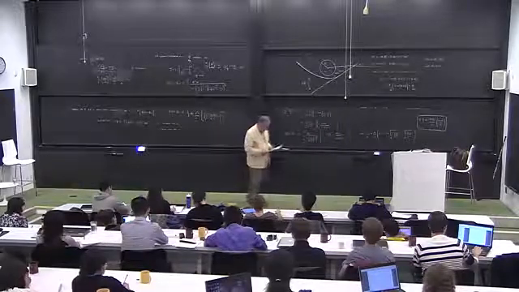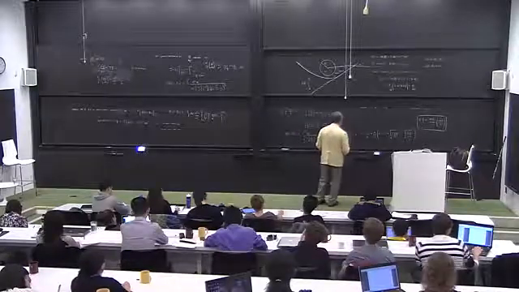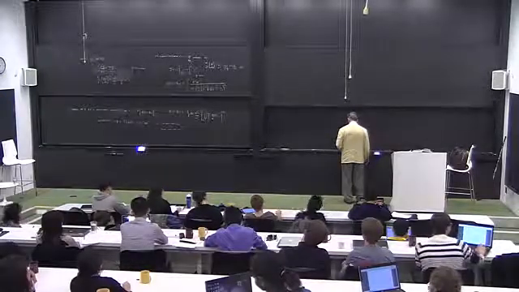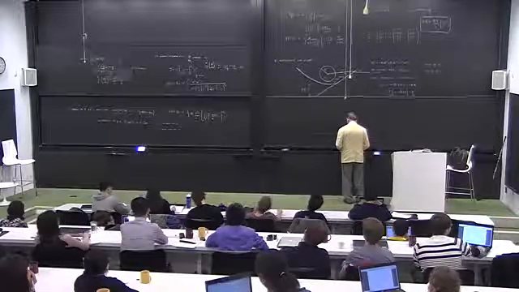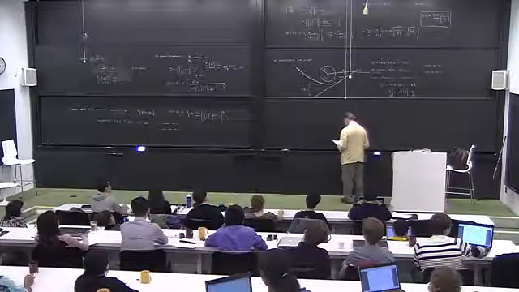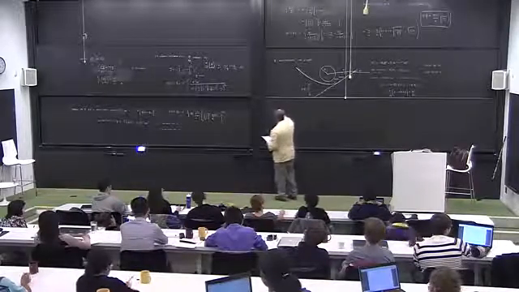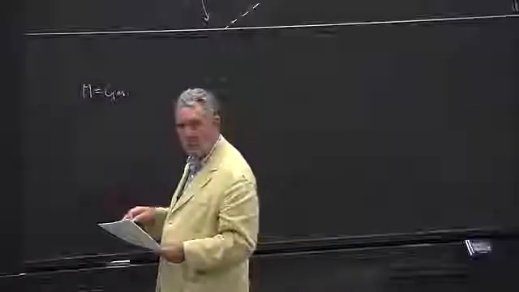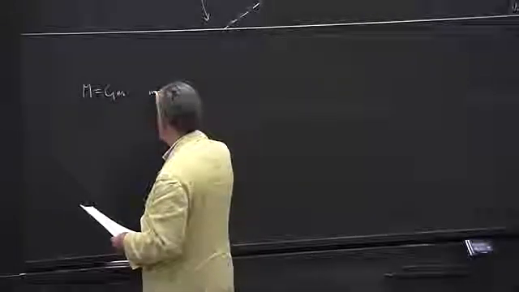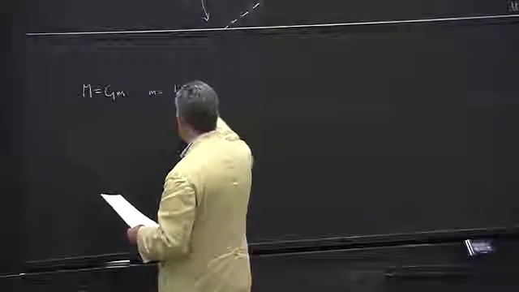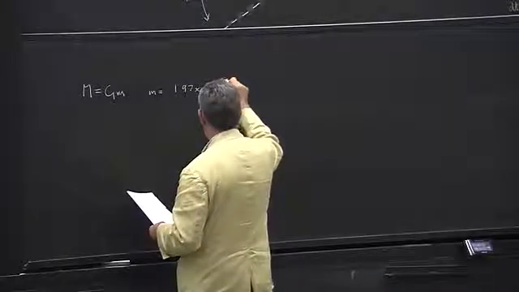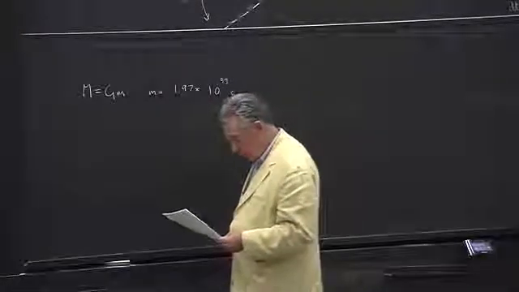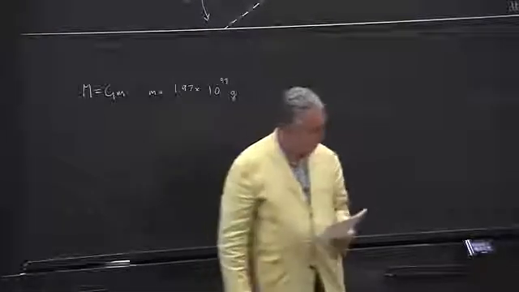So let's plug in the numbers. What we're calling big M is really G times M. We're ignoring the G, but the mass is 1.7 times 10 to the 33 grams. Weinberg seems to be mixing his units here.